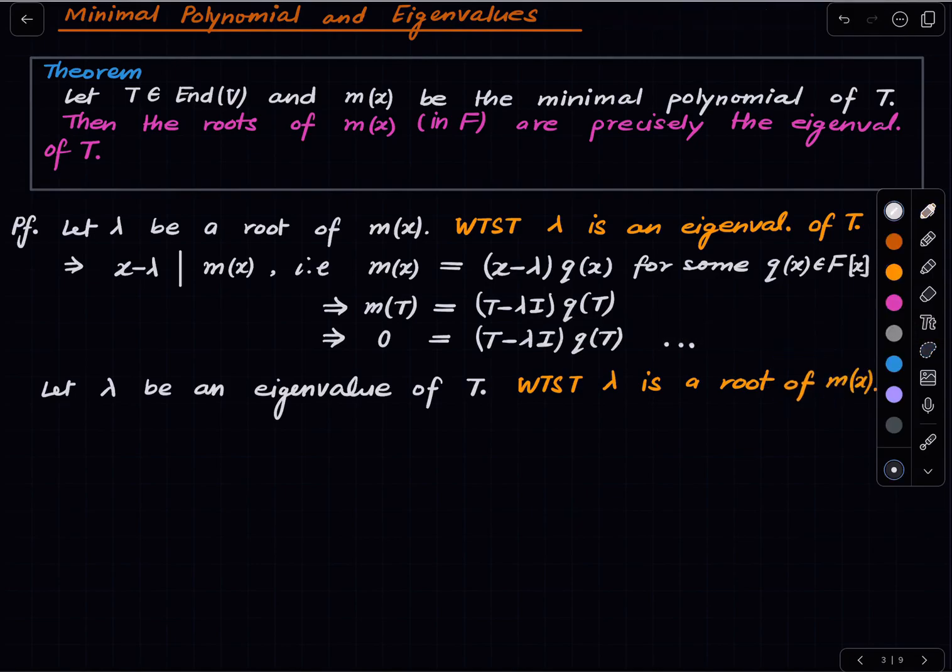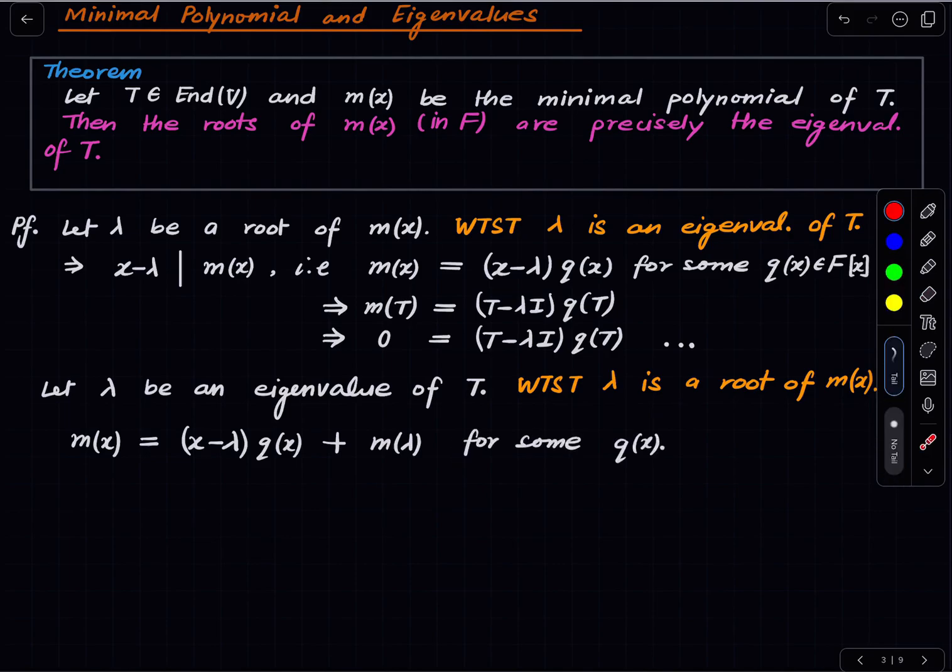Okay. So we will use the division with remainder theorem, or a very special case of it. So what we can say is m(x) looks like (x minus lambda) q(x) plus some scalar which actually is equal to m(lambda) for some q(x).